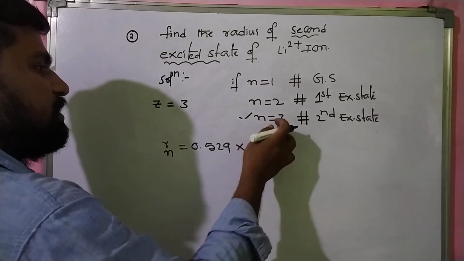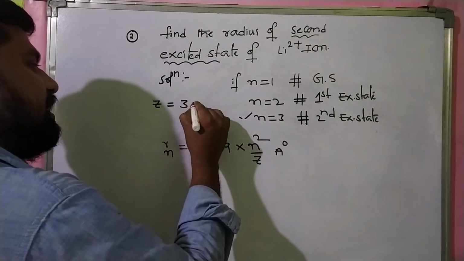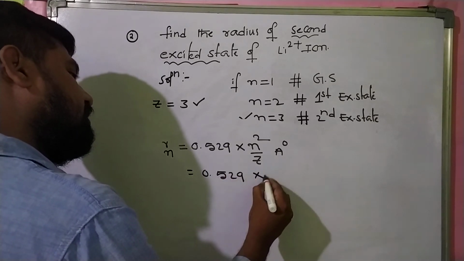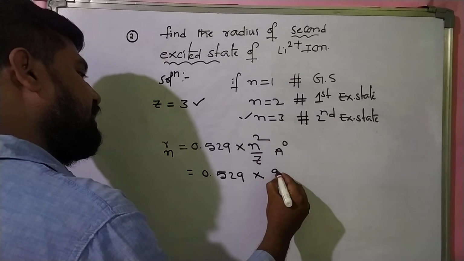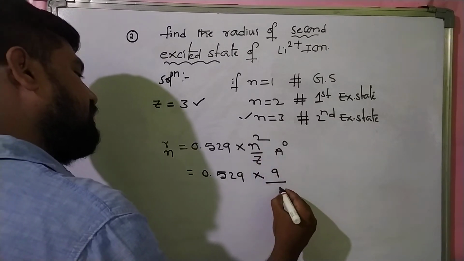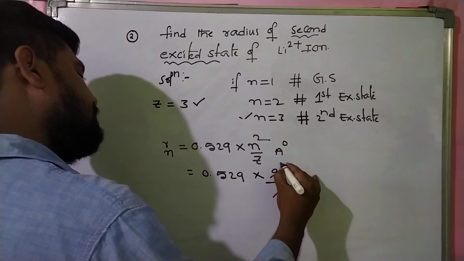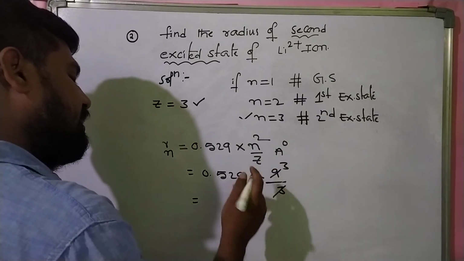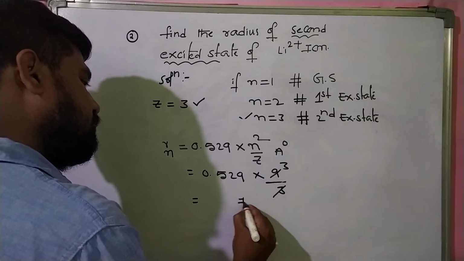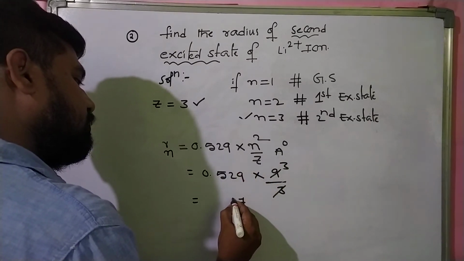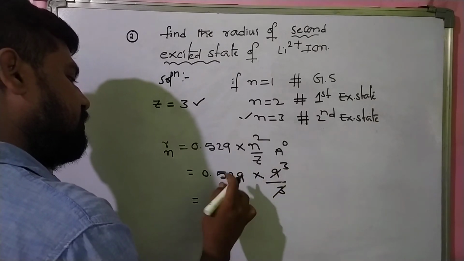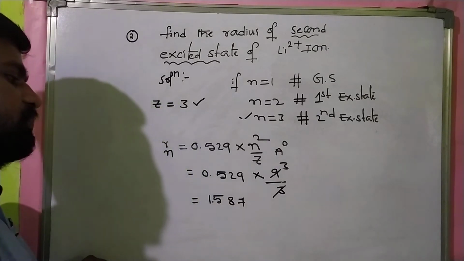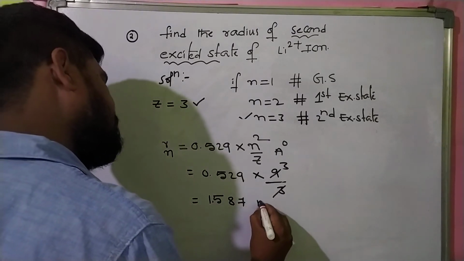Here n equals 3 and z equals 3. So 0.529 into 3 square which is 9, by z equals 3, that is 1.587 angstrom units.